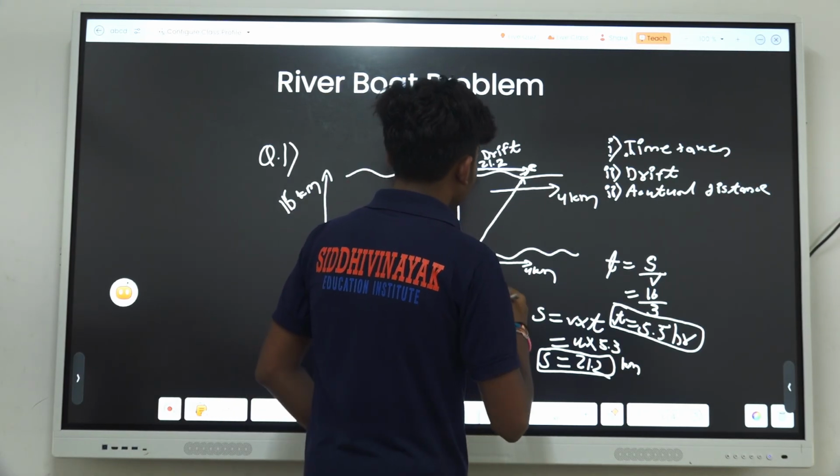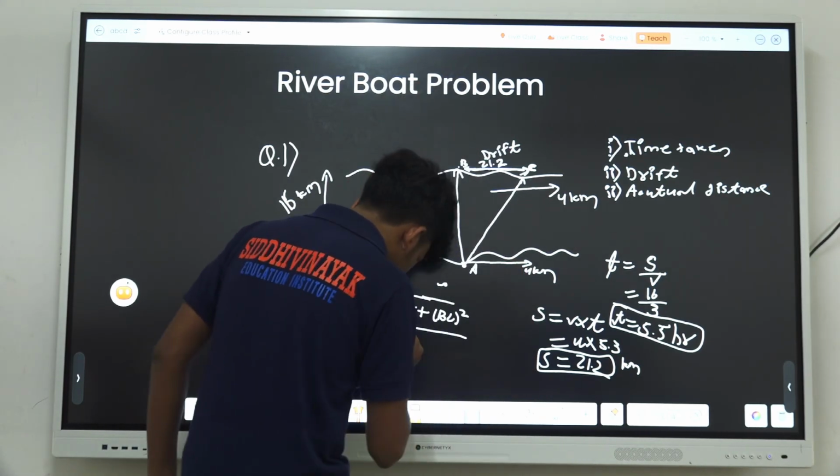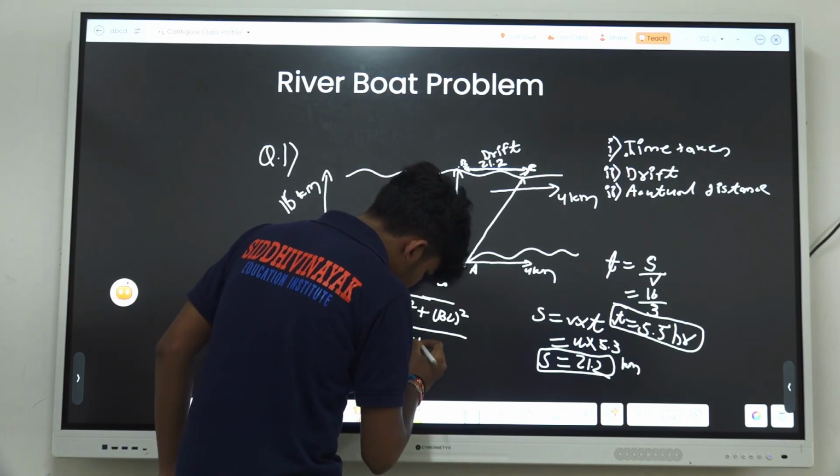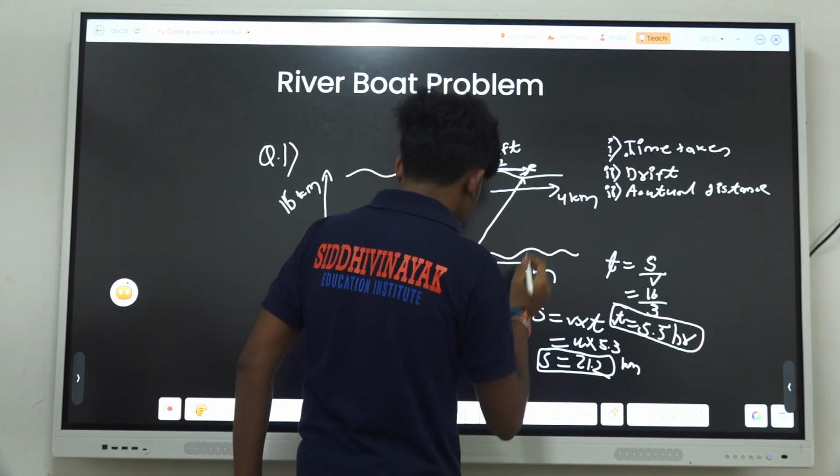Root under AB, AB is 3 kilometers, plus BC 21.2.